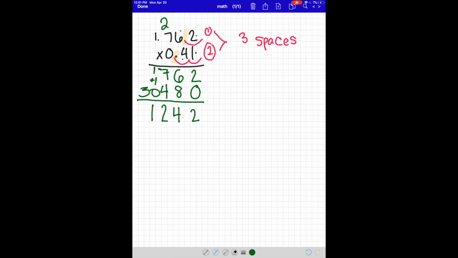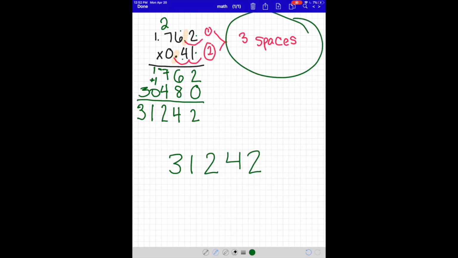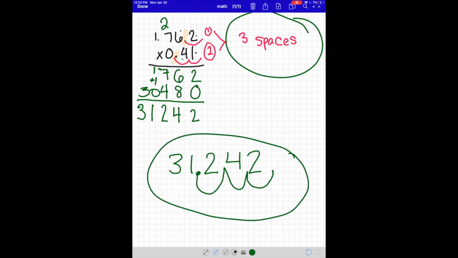And 3 plus nothing is 3. So we have 3, 1, 2, 4, 2, and then we have 3 spaces we have to move in. So 1, 2, 3. So your final answer should be 31.242.